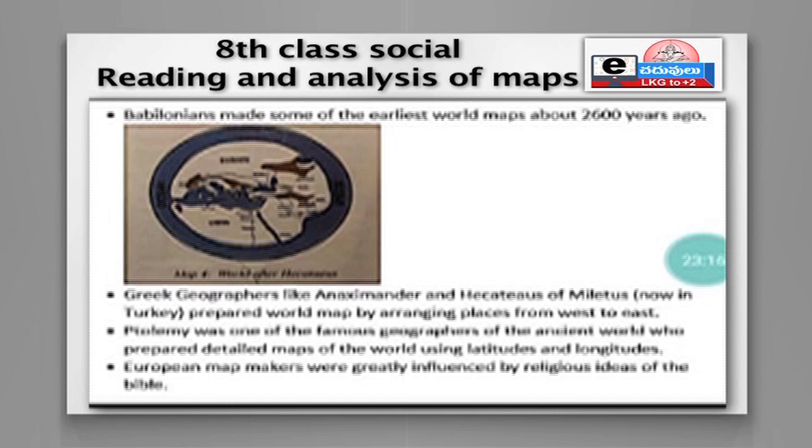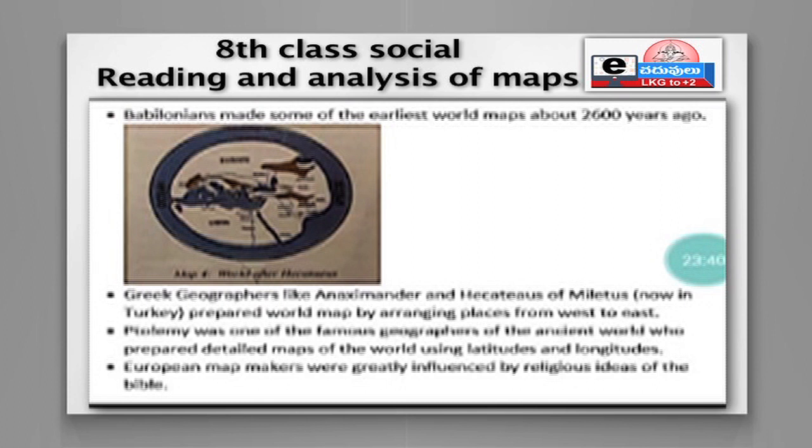These books of Ptolemy were used by the Arab scholars and sailors in preparing maps. And one of the famous Arab map makers, Al-Idrisi, prepared a world map for the king in 1154 CE.